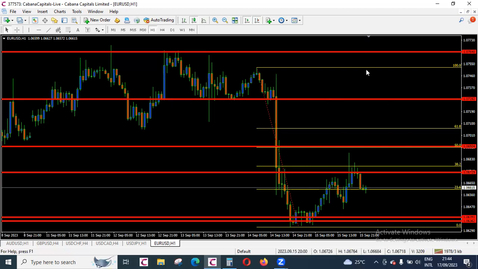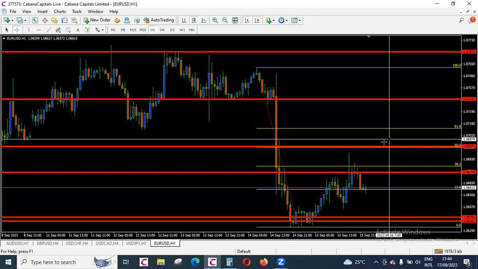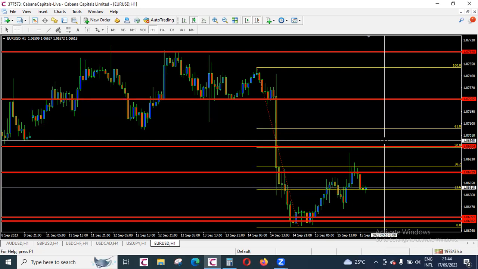But like I said, your risk should always determine your reward. So for example, let's say a 4 hour candle closes above this level, and you decide to buy.